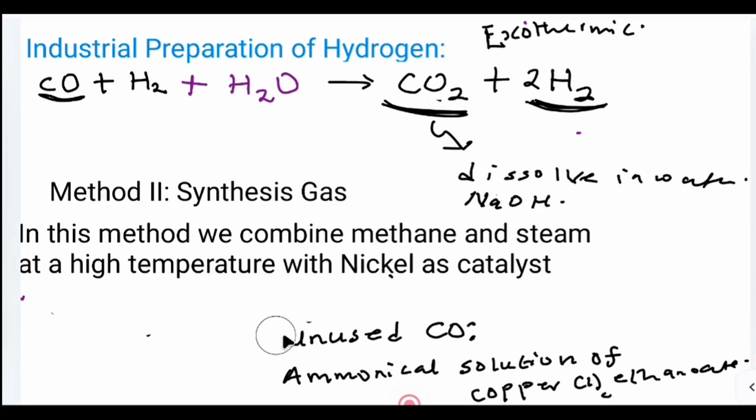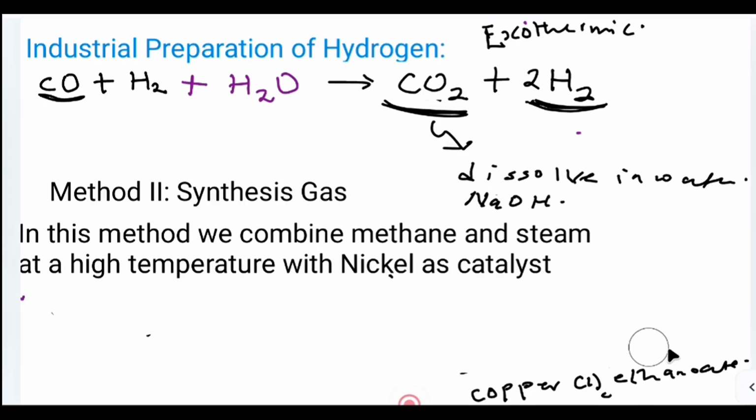Now, the second method of preparing hydrogen industrially is by using synthesis gas.